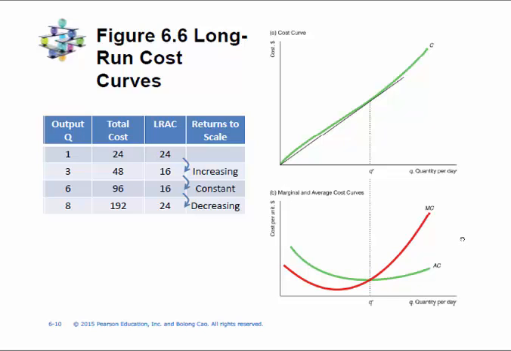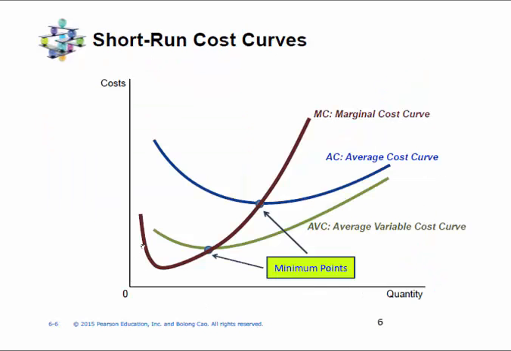This is another important concept to remember. And a related idea is this short-run average cost curve. It also has this U shape, right? The upward slope comes from the increasing marginal cost. This U shape is caused by the diminishing marginal product.